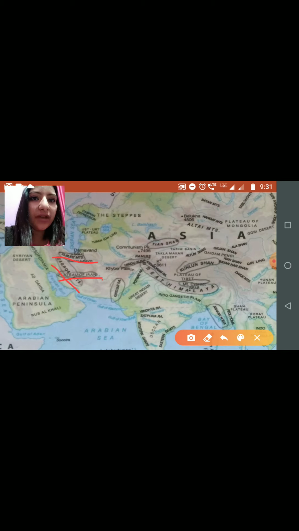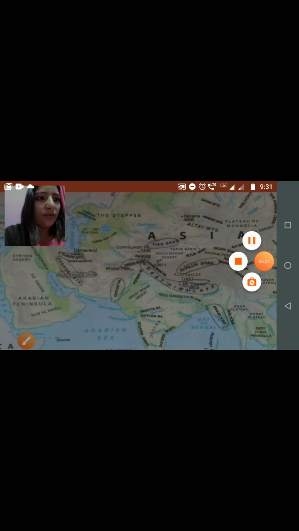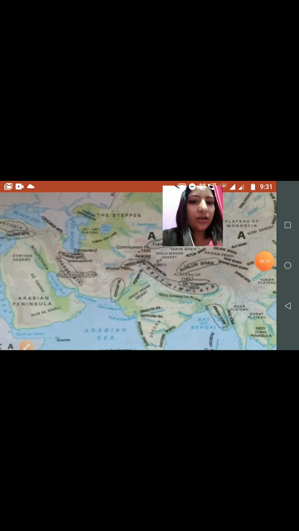The Plateau of Iran is also known as an intermountain plateau between these mountain ranges. Okay, now see the Plateau of Anatolia, which lies between the Taurus mountains and the Pontic mountains. So this is also an intermountain plateau.